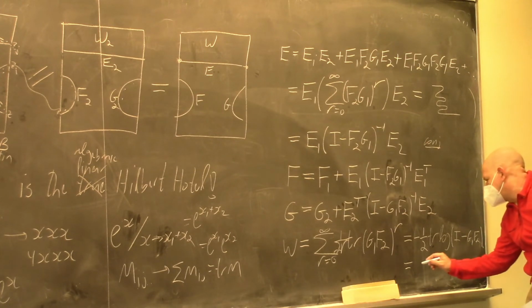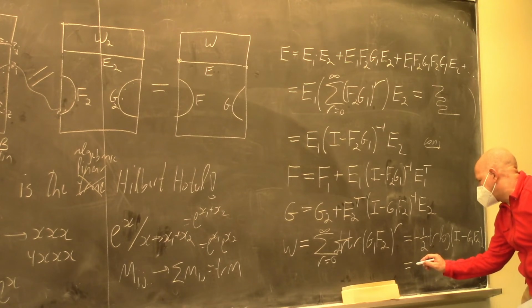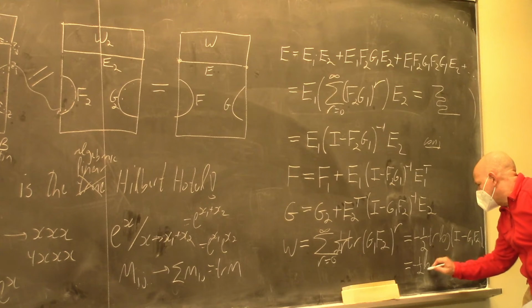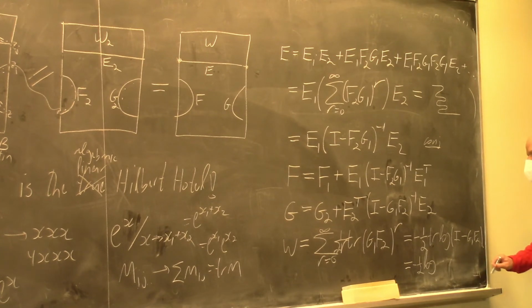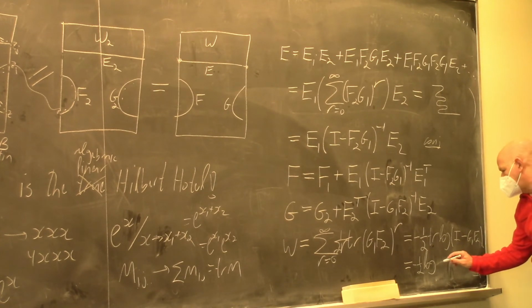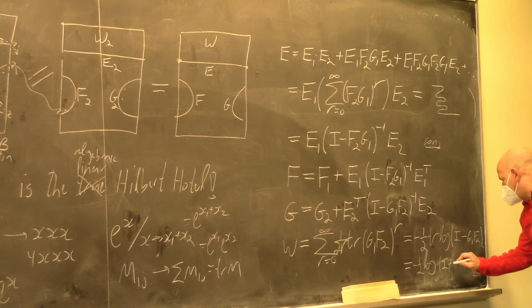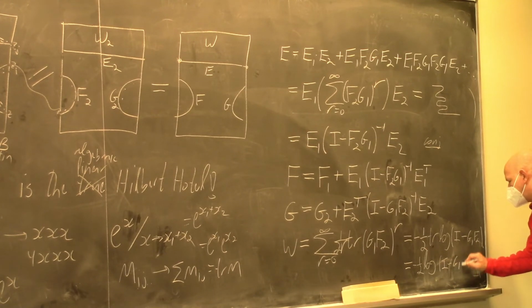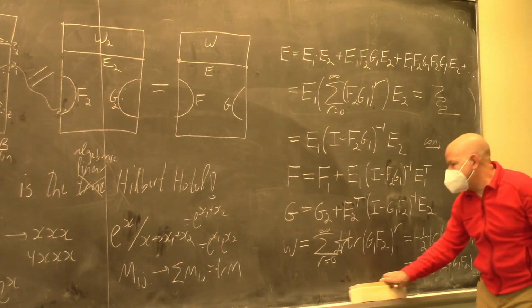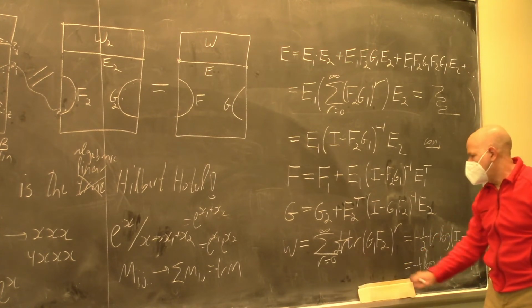So this is minus 1/2 the logarithm of the determinant of 1 minus G1 F2.